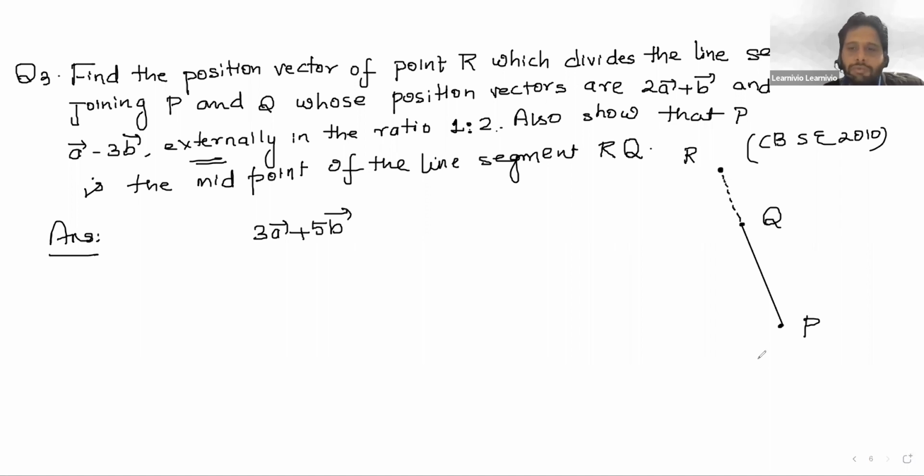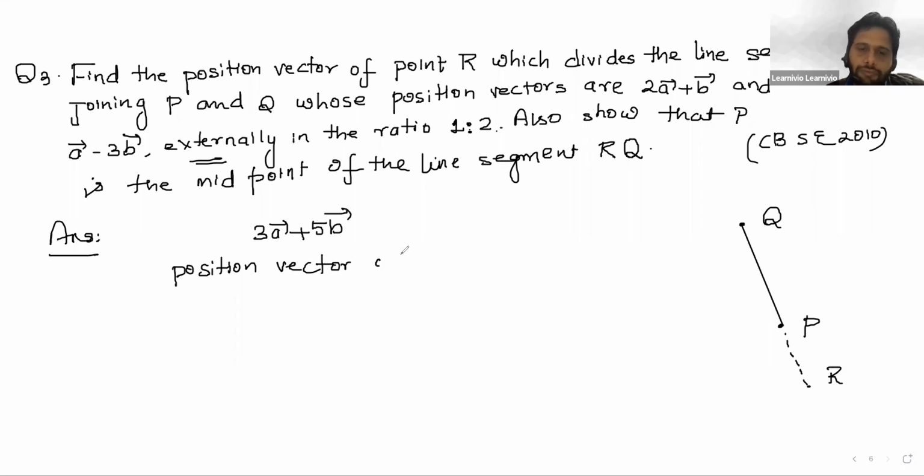Also show that P is the midpoint of the line segment RQ. So that means R will lie outside. What you have to do is get this R. Now what is the position vector of P? The position vector of P is 2a plus b.